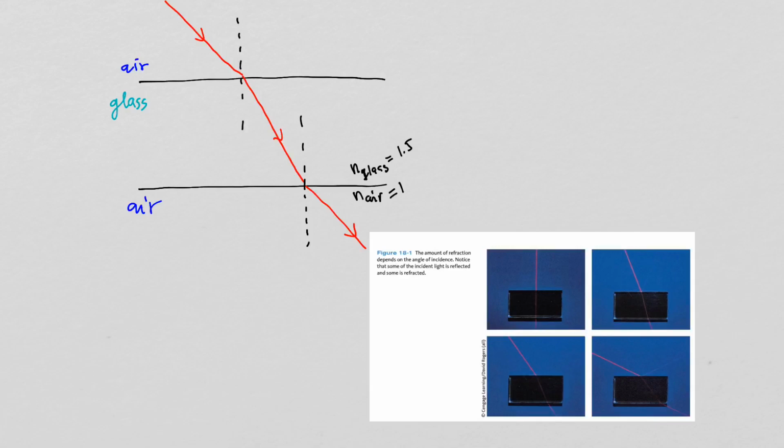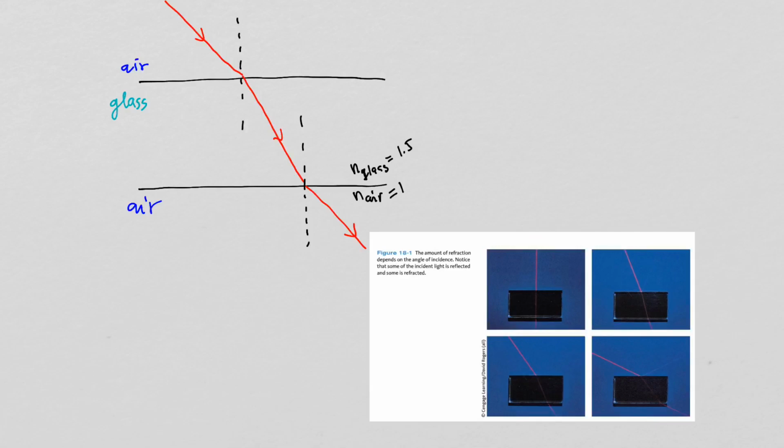So here is a set of 4 images of light from a laser source incident upon a piece of glass or a glass plate, and showing how the light refracts as it enters from air into glass.